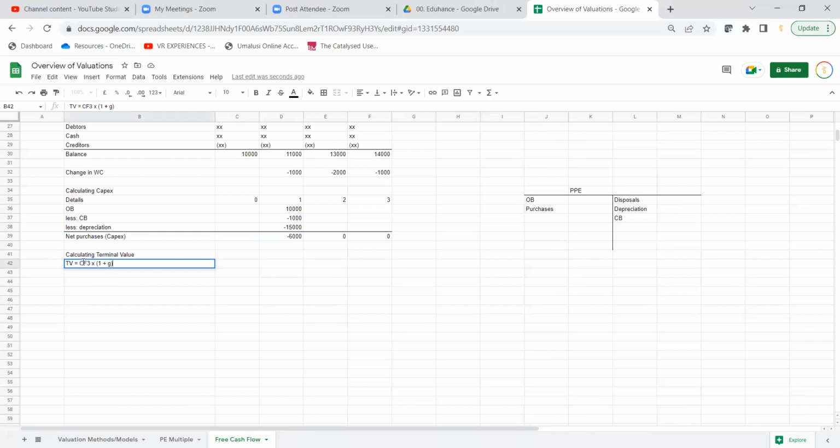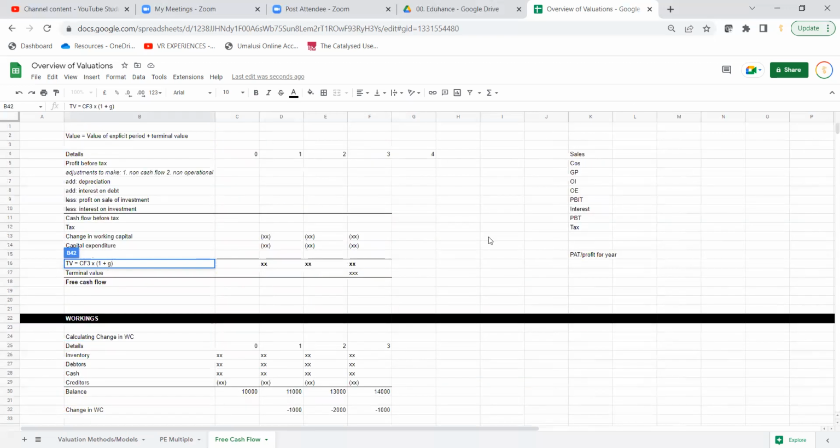So we're going to use the cash flow of the last explicit period, which is year 3, and grow it by the growth rate of the terminal period, because we want cash flow year 4. In order to get cash flow year 4, we take the last explicit period and grow it by the growth rate of the terminal period.